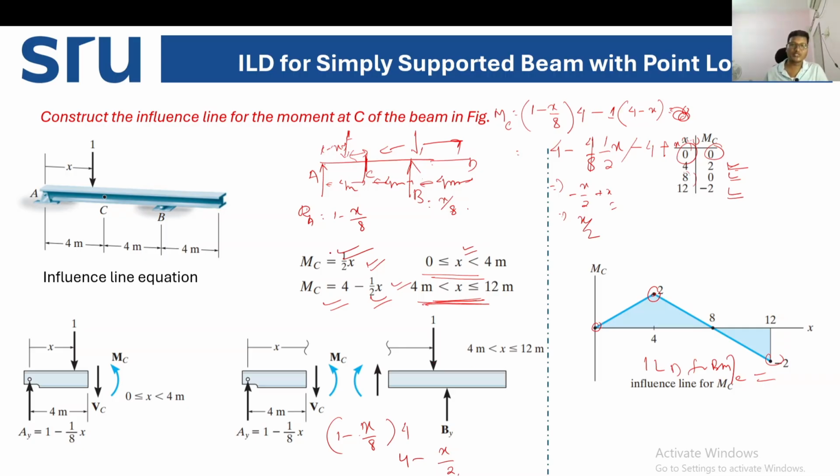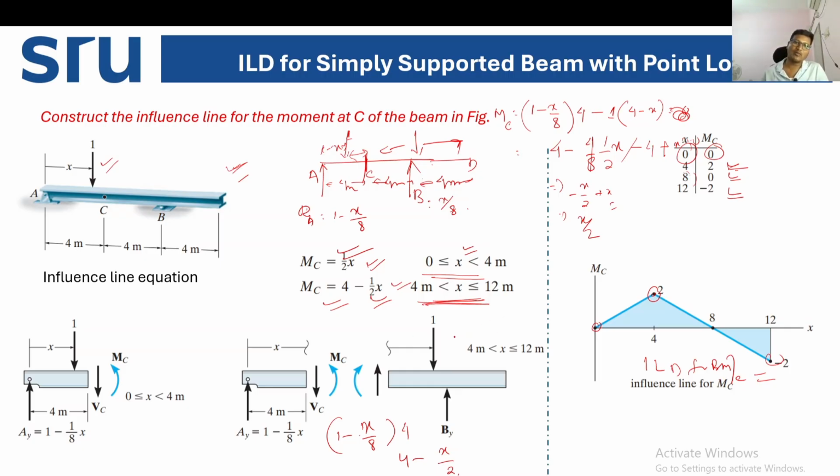I hope you understood how to construct the influence line diagram depending upon the position of the unit load, which is very important. It's a basic thing because it will be required in the ILD constructions for reactions, bending moments, and shear forces.